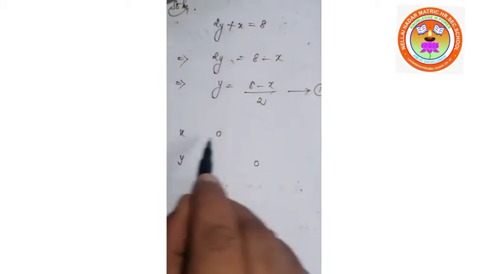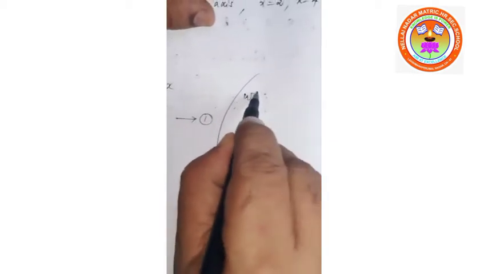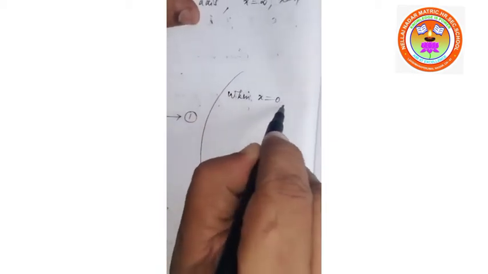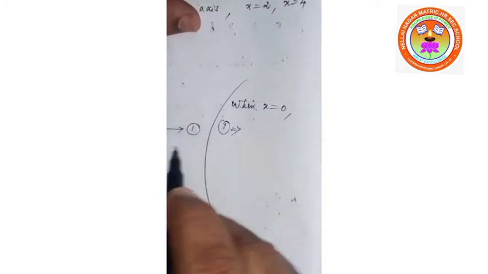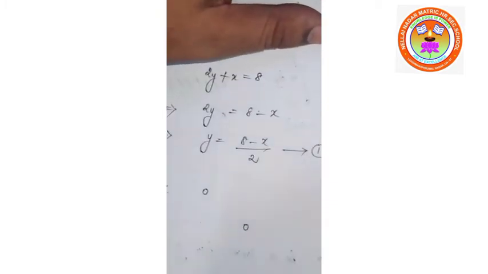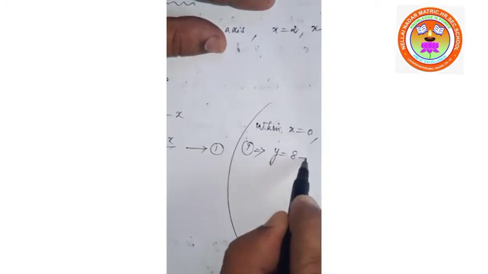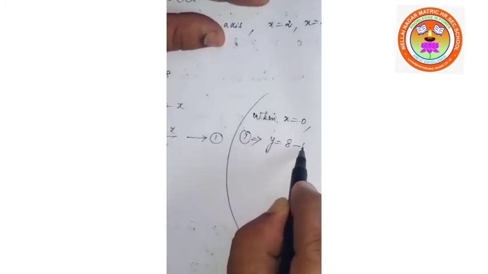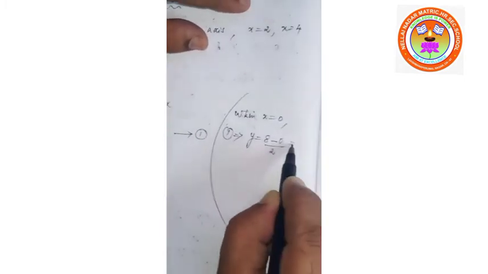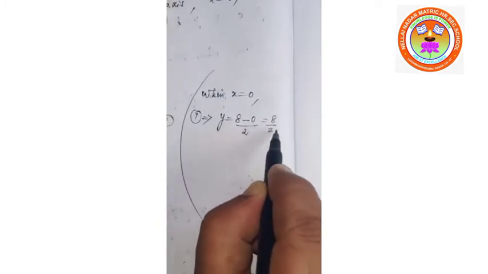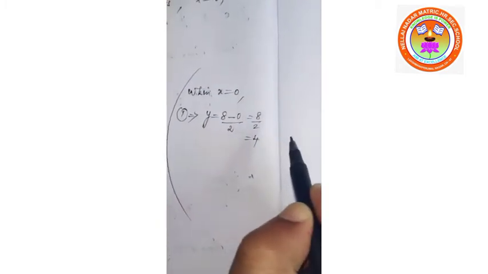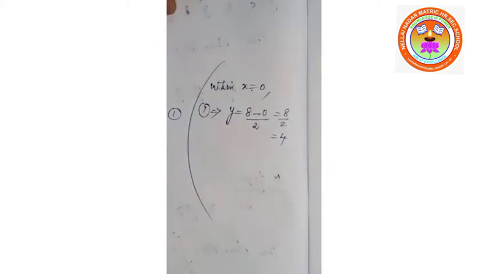Substituting x equal to 0, equation 1 implies y equals (8 minus 0) by 2, that is 8 by 2, equal to 4. So when x equal to 0, y value is 4.